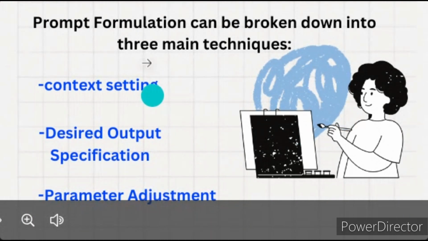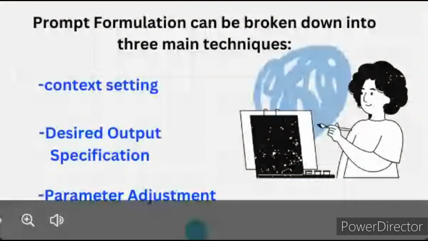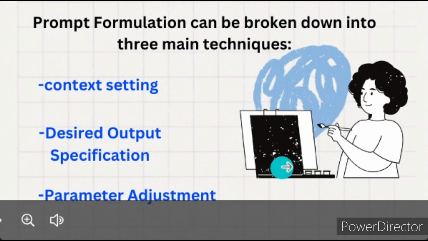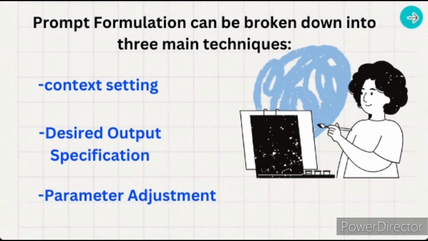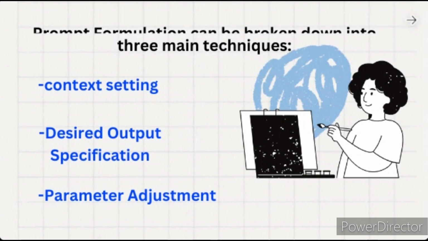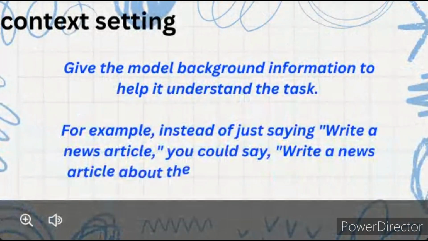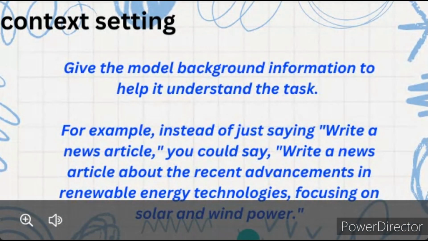Prompt formulation can be broken down into three main techniques: context setting, desired output specification, and parameter adjustment. Now, what do all of these mean? Context setting means giving the model background information to help it understand the task.